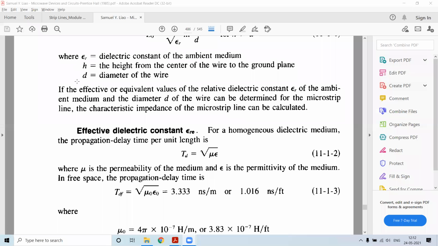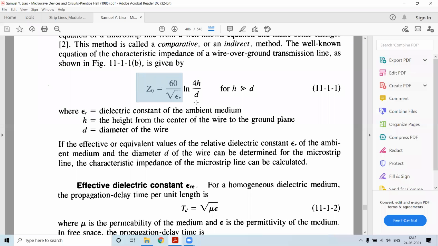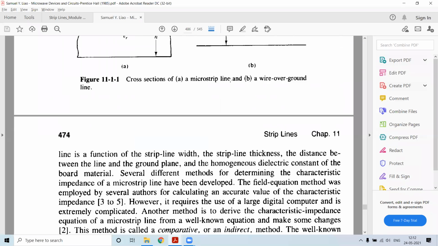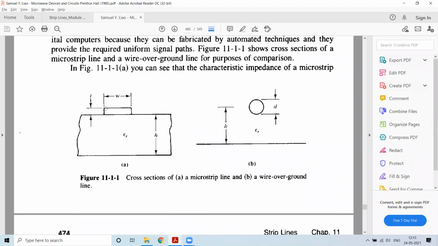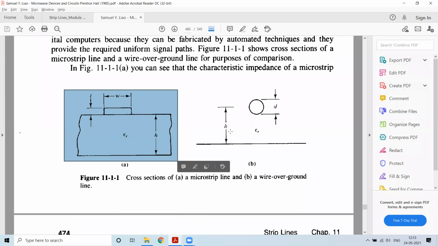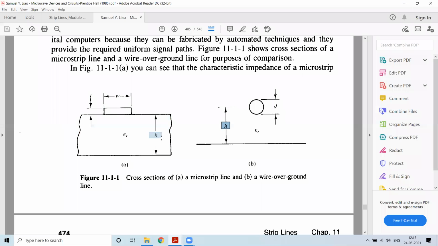So here we can observe that Z naught for the wire over the ground is given as 60 divided by square root of epsilon r ln 4h by d. Now here, what changes we have to look out for is we have to make a substitution for epsilon r and the diameter in terms of these parameters. So h is the parameter which is present.